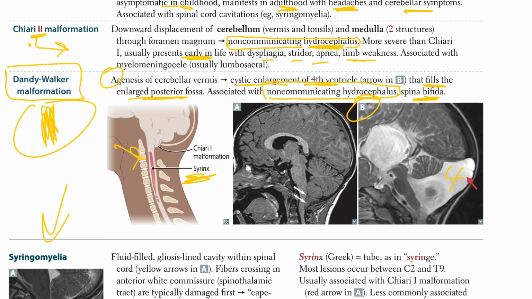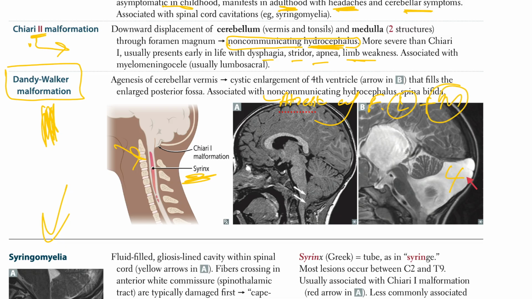So with this, what you are going to have is non-communicating hydrocephalus. On top of that, you already have a non-communicating hydrocephalus, right? What is giving you that? Because we said there is going to be atresia of foramen Luschka and foramen Magendie, and we will talk about what those are.